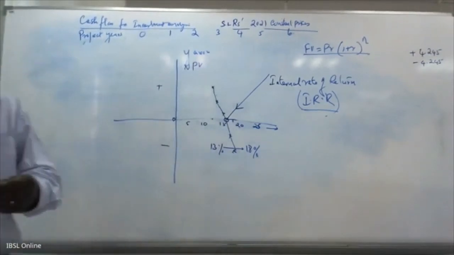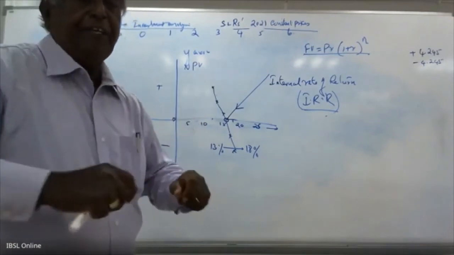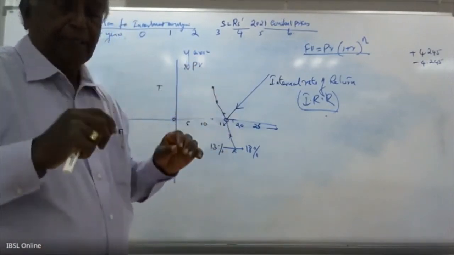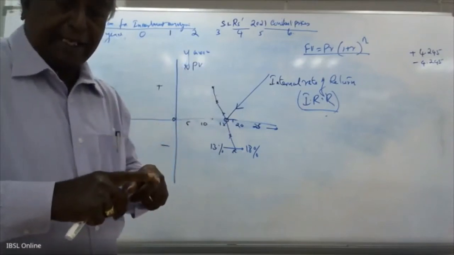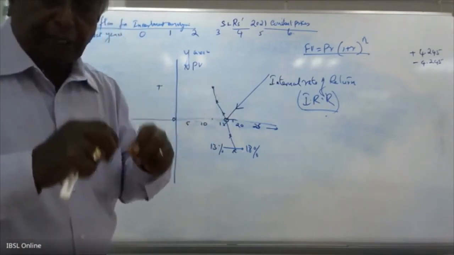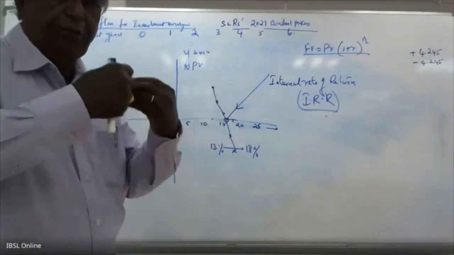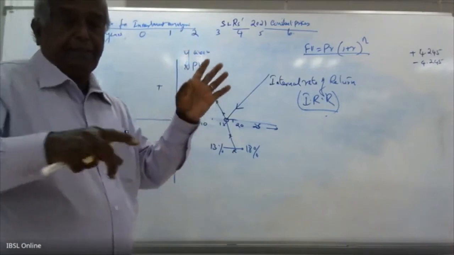IRR is the discounting rate where the NPV of a project is 0. That means at that particular borrowing interest rate or discounting rate, the project is not worthy and not unworthy also. It is just a break-even point.